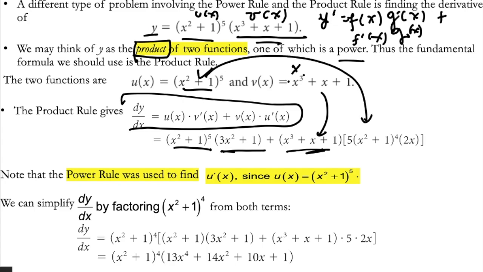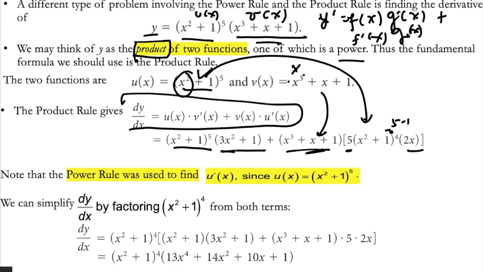How is it done? 5, bring it to here, to the front, and (x squared plus 1), write it again, but the power 5 here becomes 4 because 5 minus 1. And then 2x. Why? Because the one inside here has to be differentiated. So that's why you get 2x.